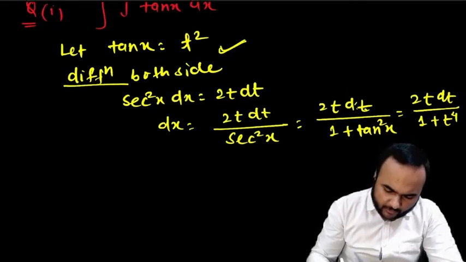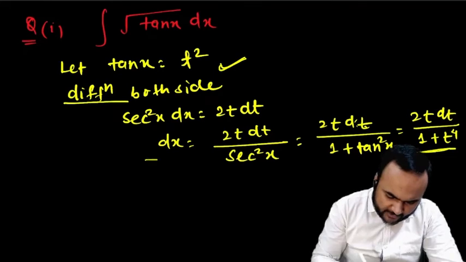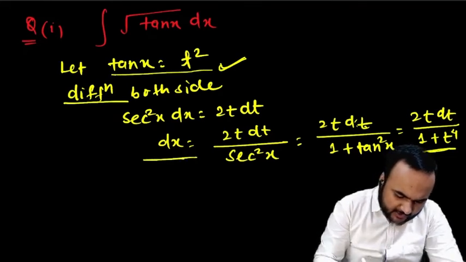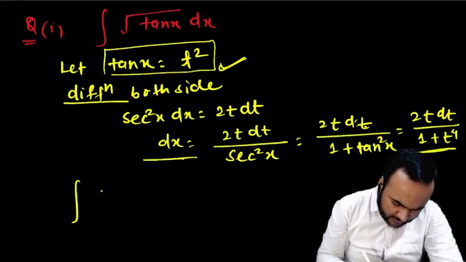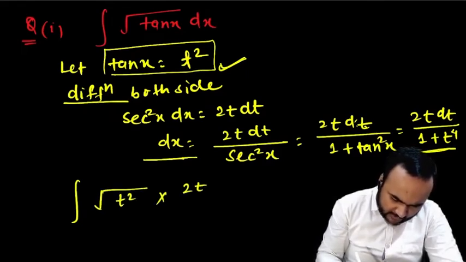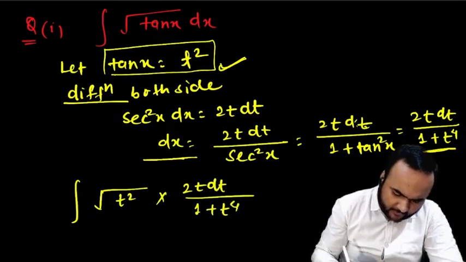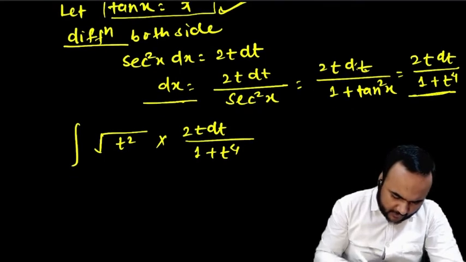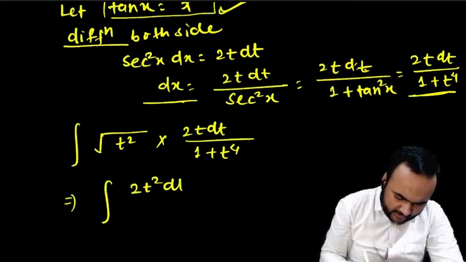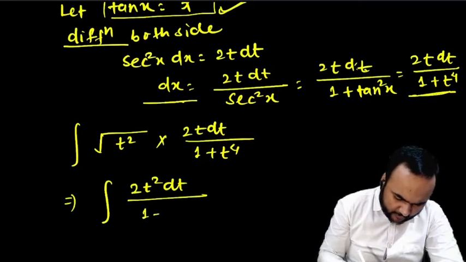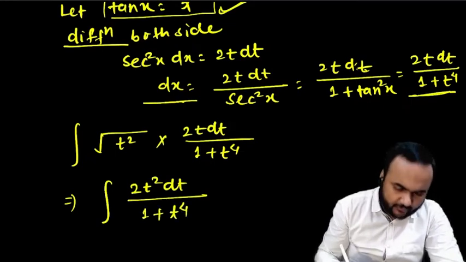So by substituting this value in place of dx and t square in place of tan x, our integration will now become under root t square into 2t dt over 1 plus t to the power 4. Further we can write it as 2t square dt over 1 plus t to the power 4.